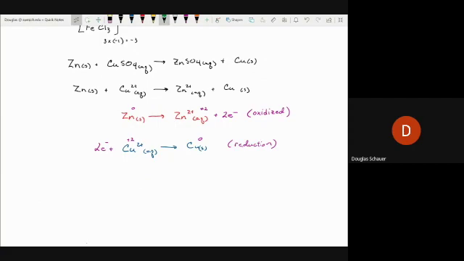Now, the thing that kind of throws people off is there's another thing we can say here. Since copper is being reduced, okay, that means it is oxidizing the zinc. So we can say copper 2 plus is the oxidizing agent.